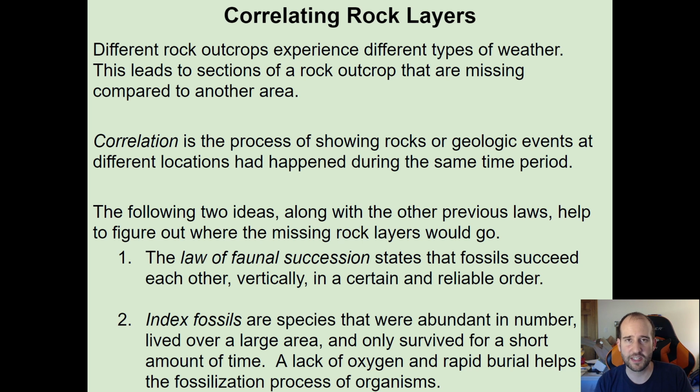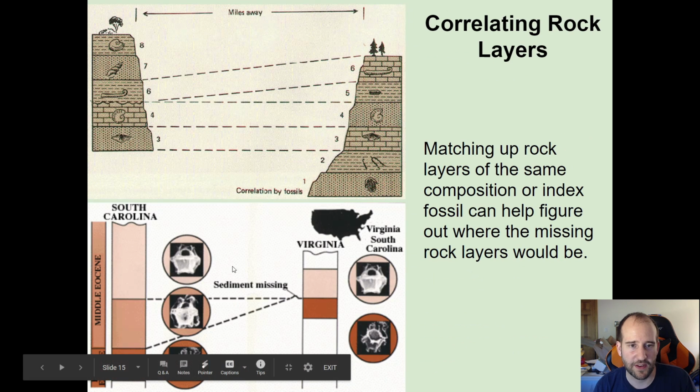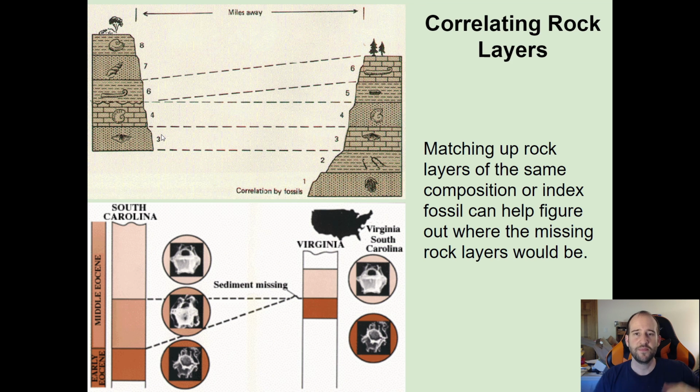We call those index fossils because when you find those fossils all over the place, that gives you a base timeline of where those things are. So if you were to find an index fossil here and here, where my number 3 section is, you'd say, well, that rock is the same time period, which could be hard to do in other circumstances. That's why I call them the bittersweet fossils, because they're really helpful from a geological perspective of figuring out where things are.